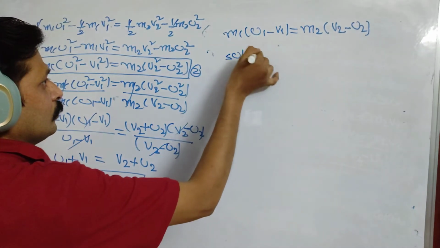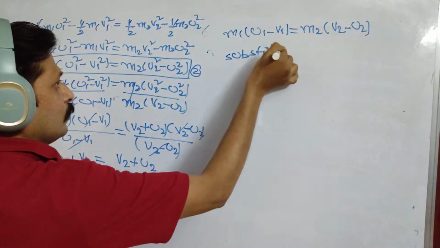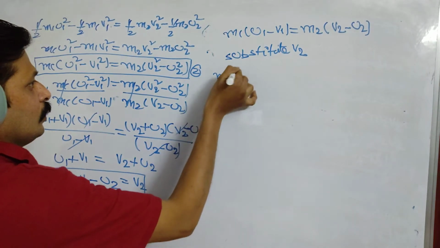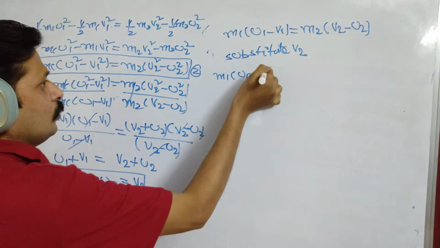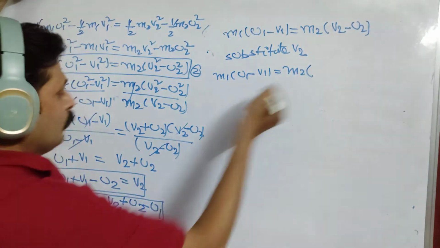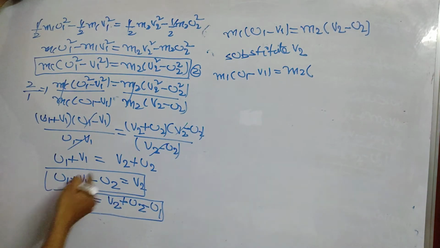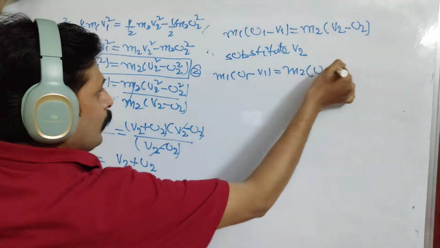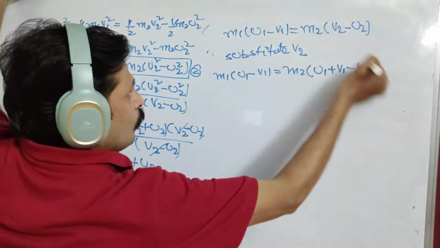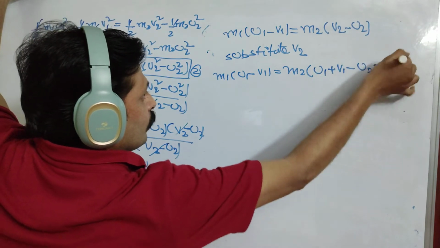Now the first one is substitute v2. Do that now. m1 of u1 minus v1 equals m2 of, what is v2 from this now? u1 plus v1 minus u2, minus u2.